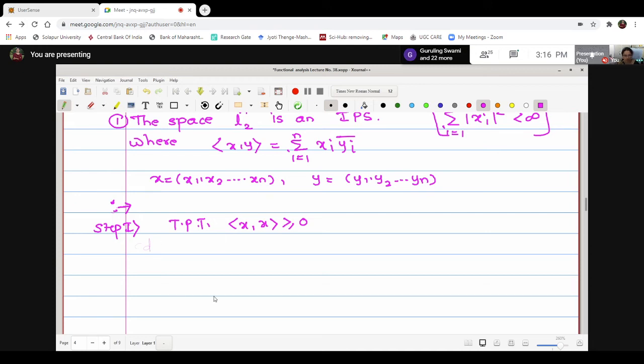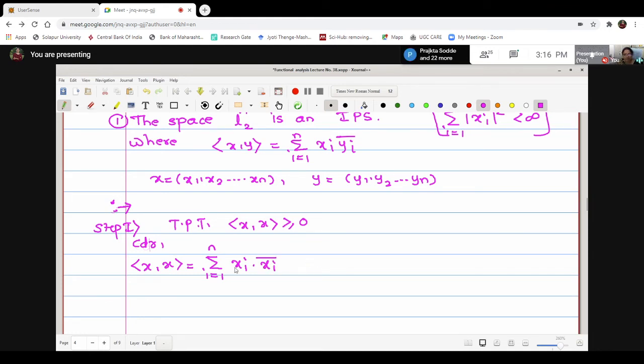Okay, the pen is not writing. Let us start. Inner product of x with x. Now if you just observe the definition of inner product given to us, this is xi into yi bar. It means we have to consider the ith coordinate of both the vectors, and for the second vector it should be with the conjugate. Therefore, may I write here the definition as summation i equals 1 to n of xi into xi bar.